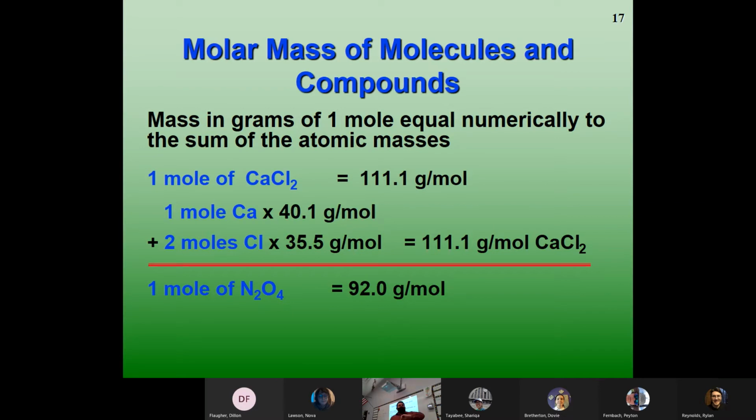Oxygen has a mass of 16, I need 4 of those, that is 64. So 64 plus the 28 give me 92 grams. Okay, so again, you're just adding up those numbers that match the formula. I need 2 of those, 4 of those, 10 of those, whatever it is.